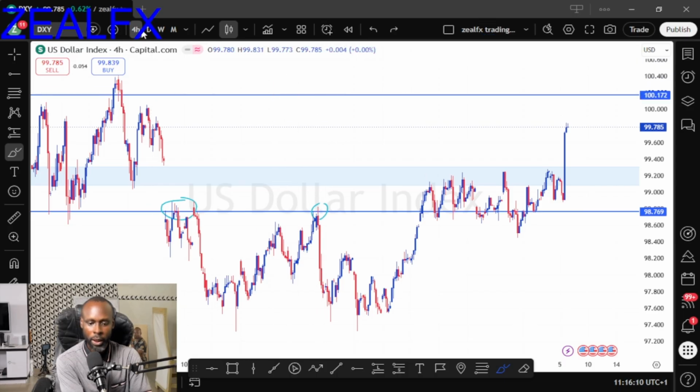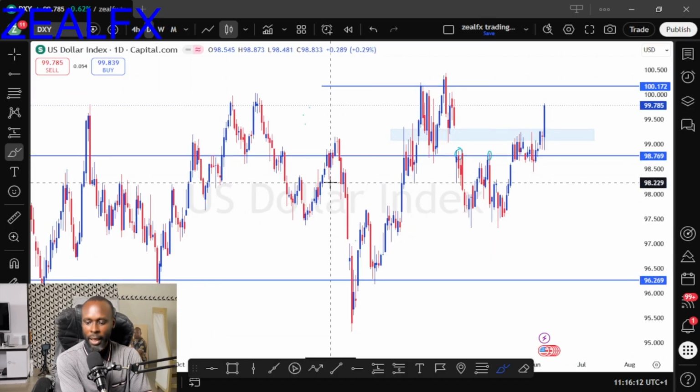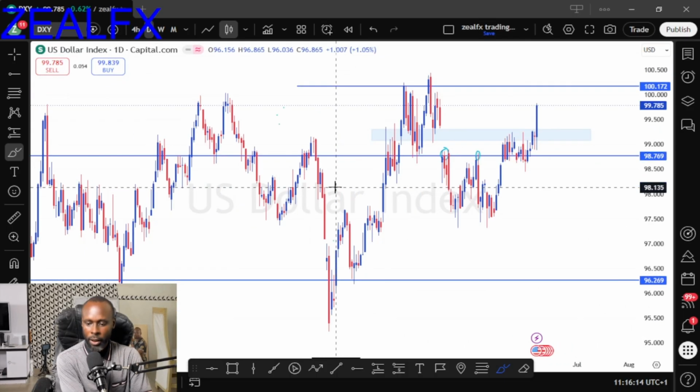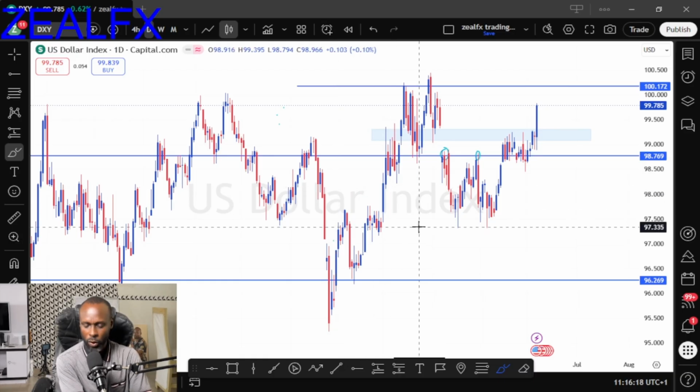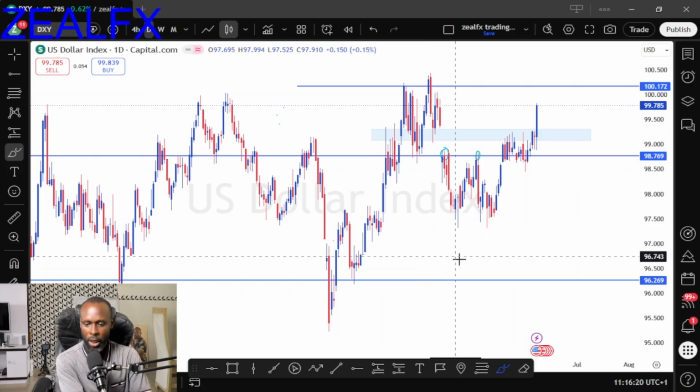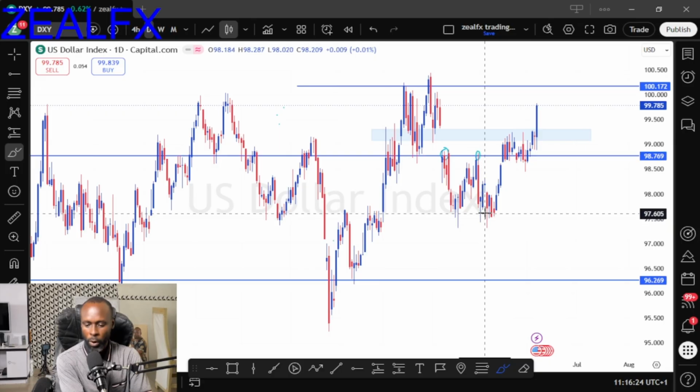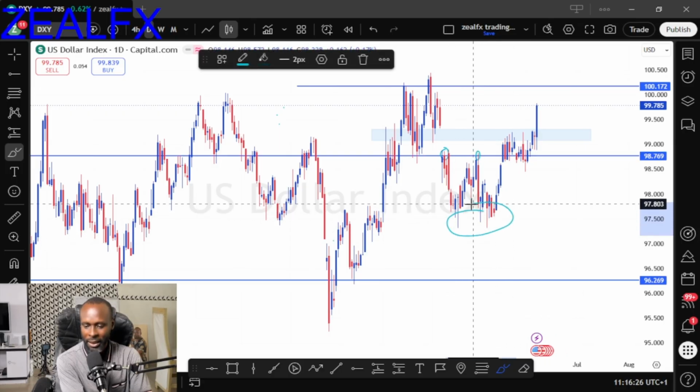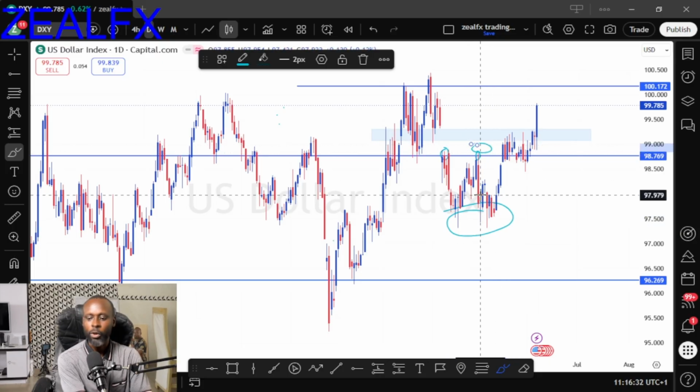So let's go to the daily chart to get more clear insight into the trend of the dollar index. On the daily time frame, you can also see that price has this double bottom, which is an indication of price reversal. And you can also see that price broke above the neck of the double bottom.